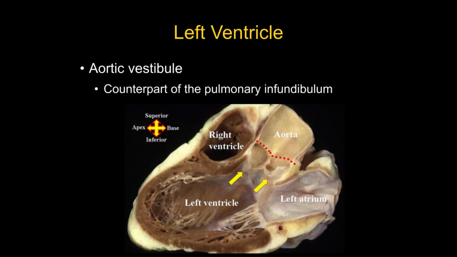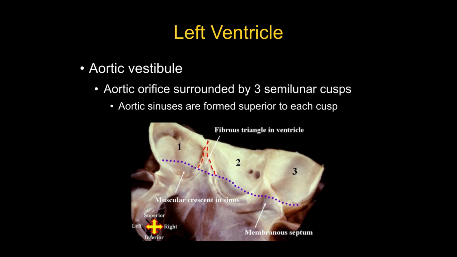And just as the right atrioventricular valve has three cusps, the same is seen here in the aorta. The aortic orifice is guarded by three semilunar cusps, similar to half moon cusps. And above each cusp, as mentioned, a sinus stands for a space, is an aortic sinus.